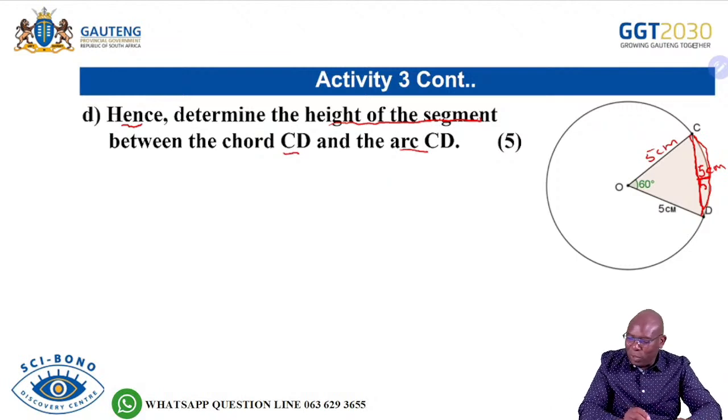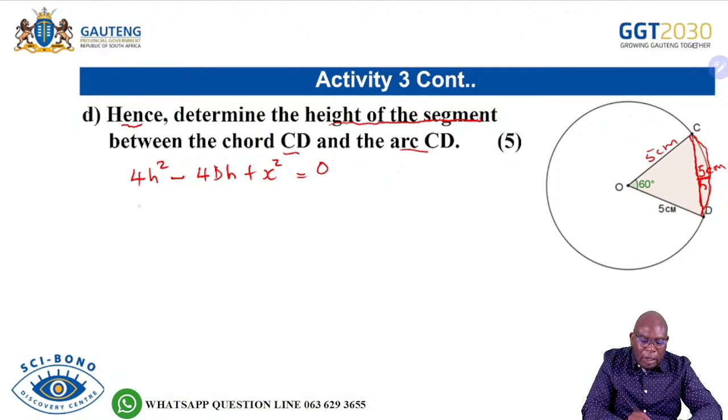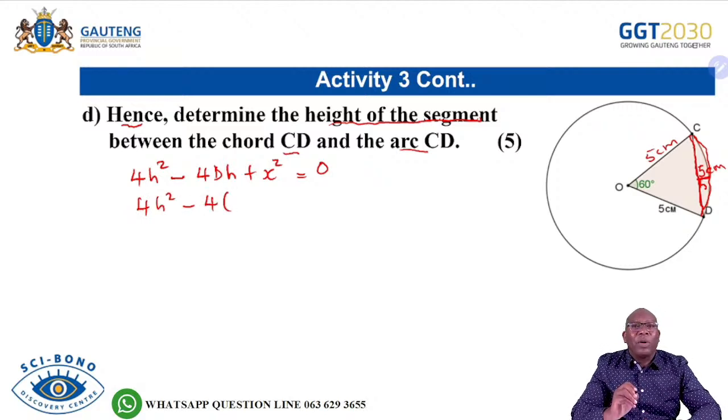I can do this. The formula that I'm going to use now will be 4h squared minus 4dh plus x squared equals 0. Now, remember, I need the height, so h I don't have. The diameter I have. What will be my diameter?